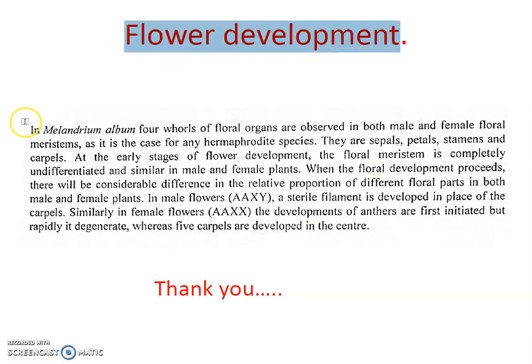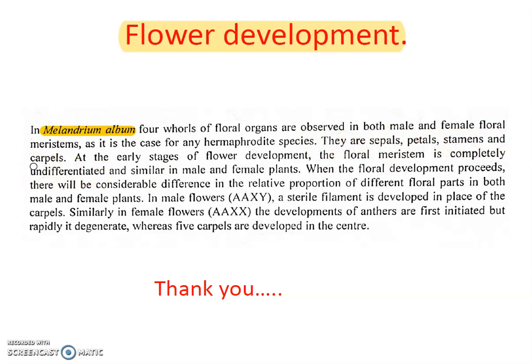Flower development. In Melandrium album, four whorls of floral organs are observed, androecium, gynoecium, petals and sepals, in both male and female floral meristems, as is the case in any hermaphrodite species. They are sepals, petals, stamens, and carpels.